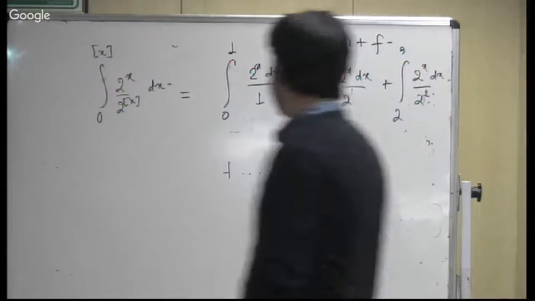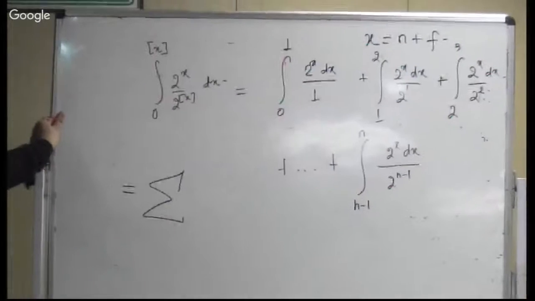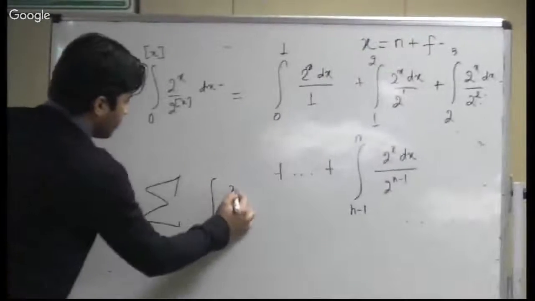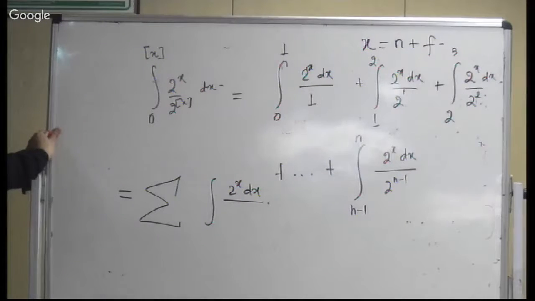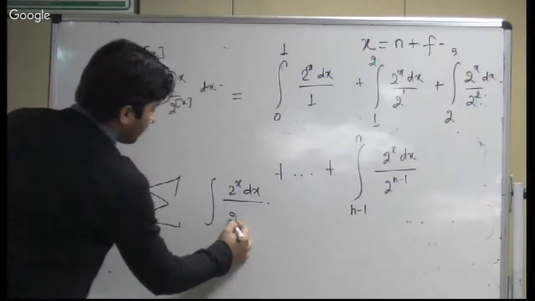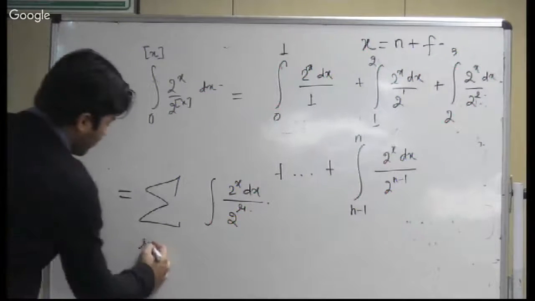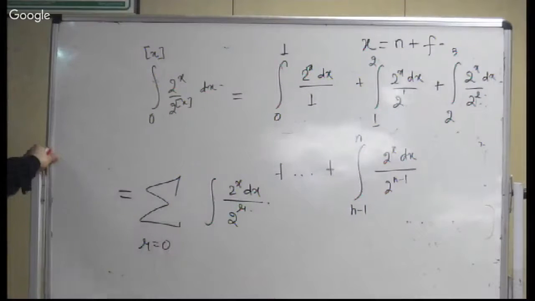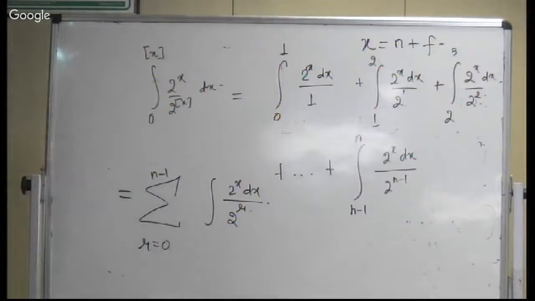Now we can put the sigma. Okay, I'm going to say the integral of 2 to the power x dx upon 2 to the power r. Okay, my r is beginning from 0 to n minus 1.